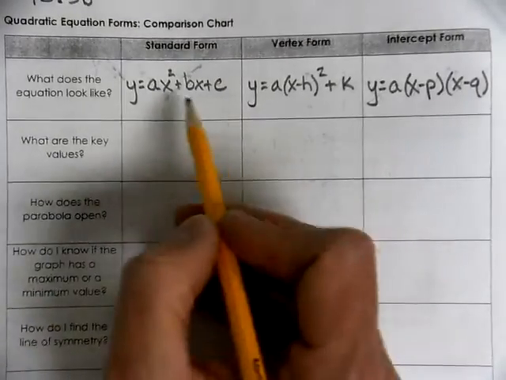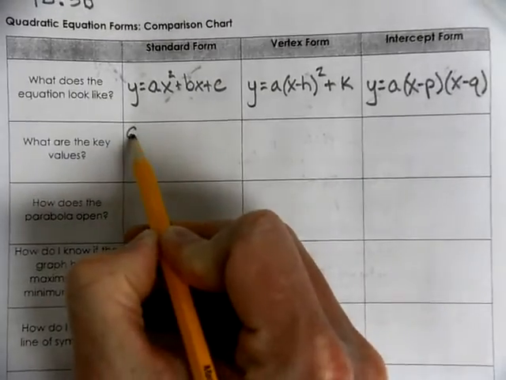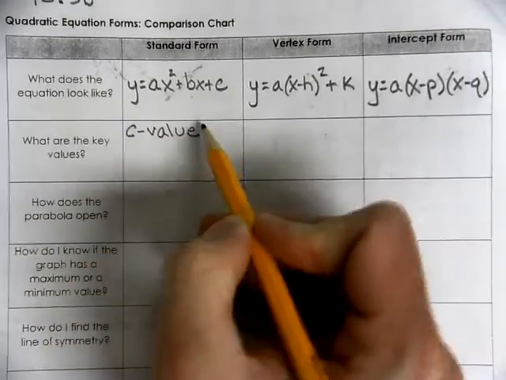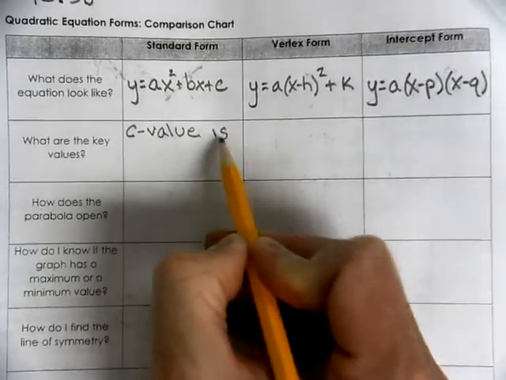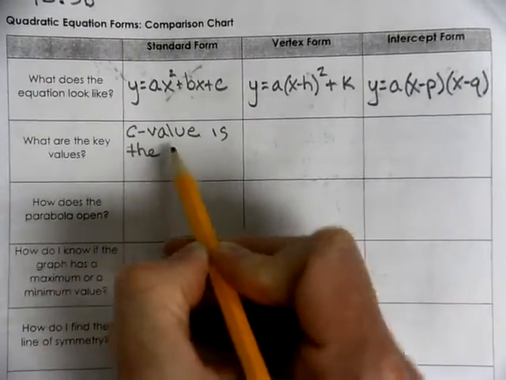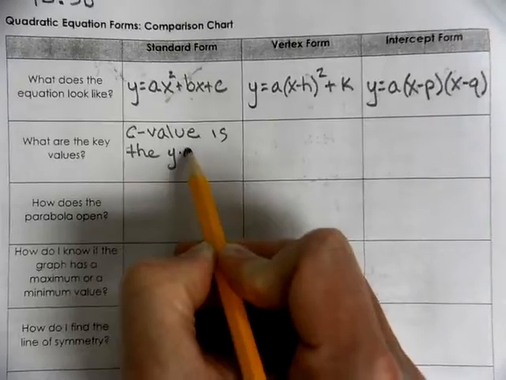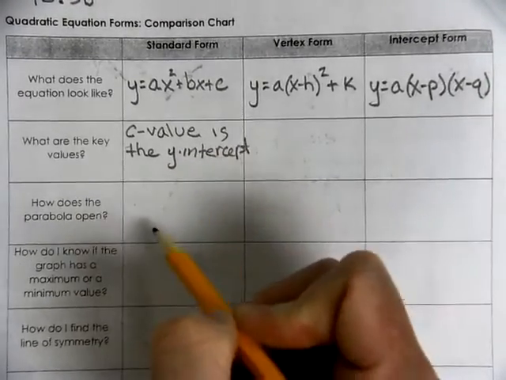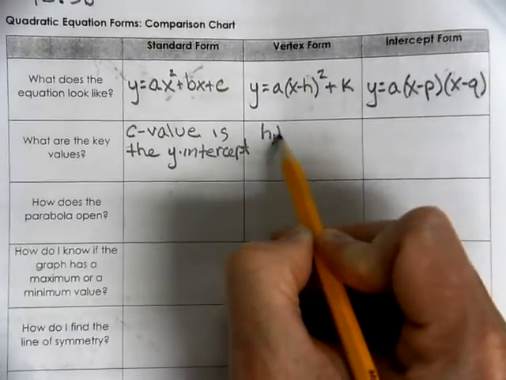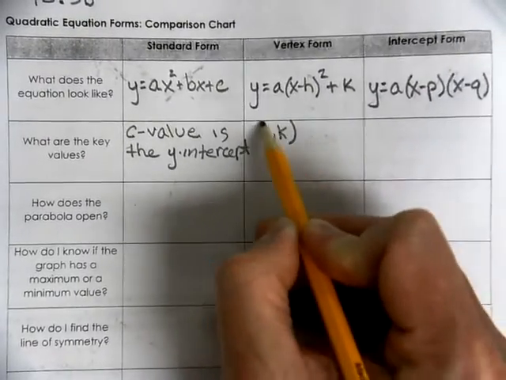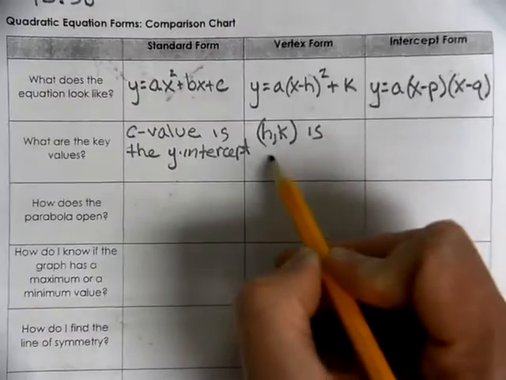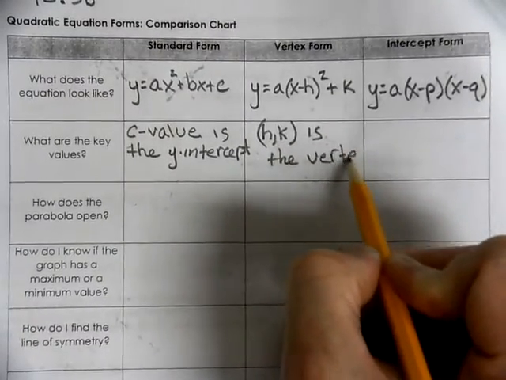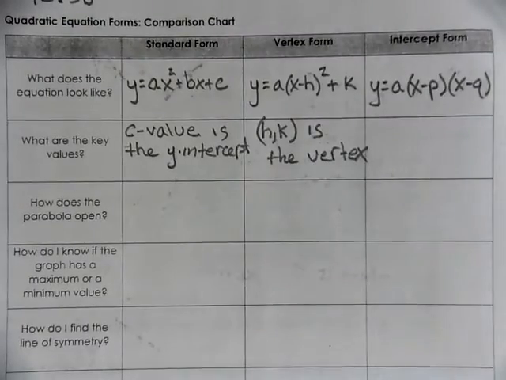For standard form, we know that the C value is going to be the Y-intercept. We know that the h and k of the vertex form, that's going to be the vertex.